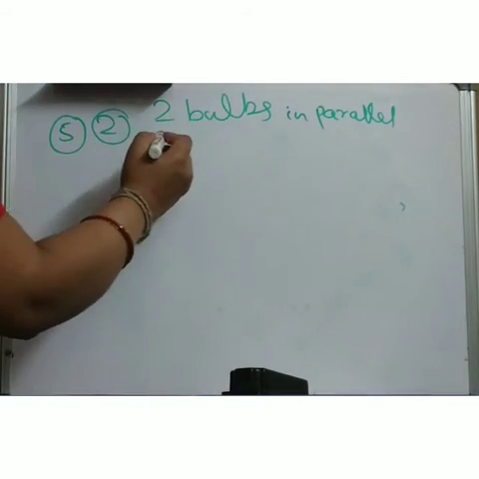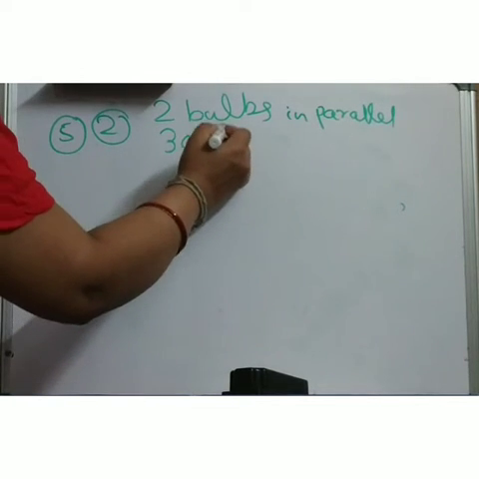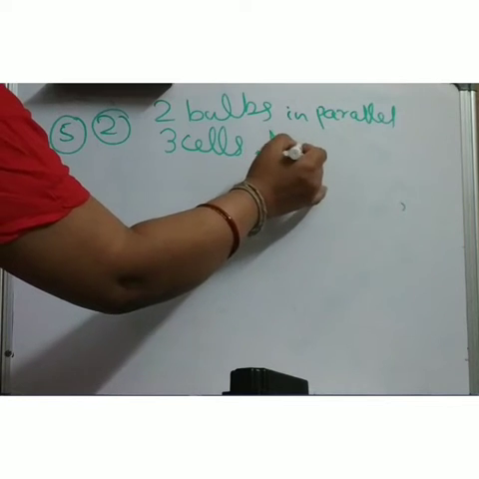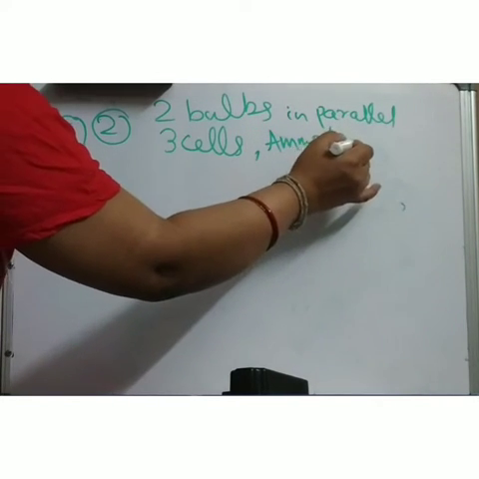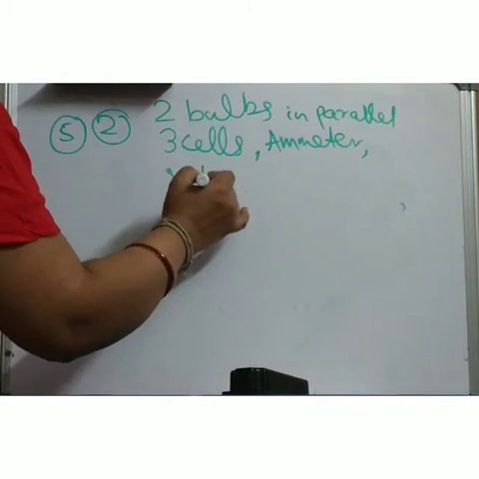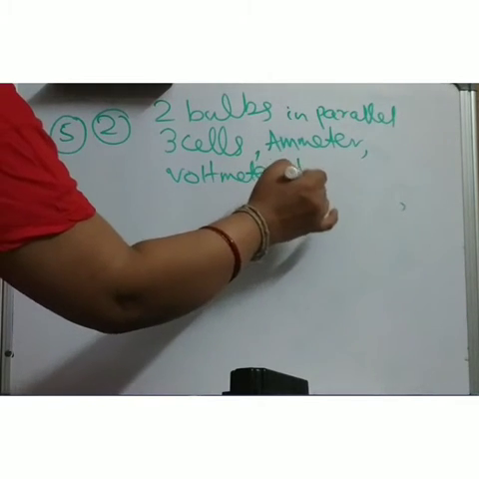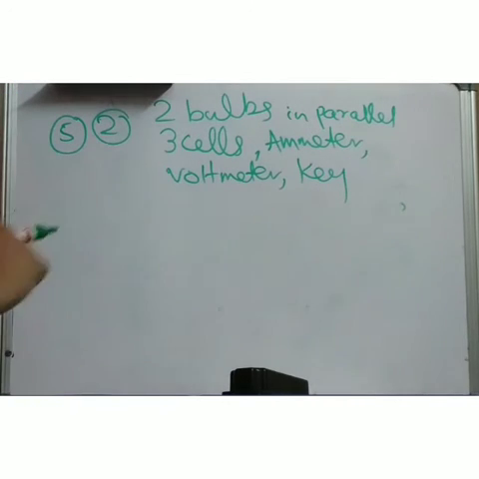So 2 bulbs, 3 cells, then ammeter, then voltmeter and key in on mode. How to draw the circuit diagram using these components?